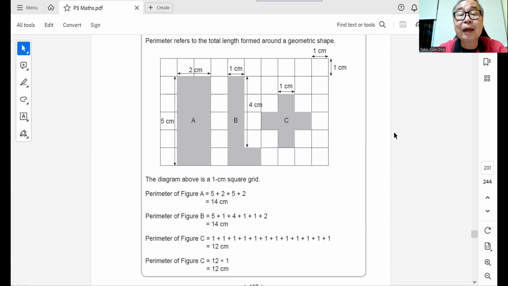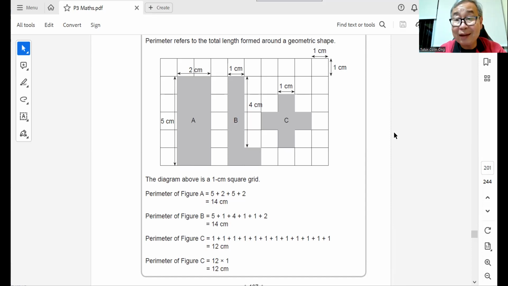That is 2 plus 5, and then you go down 2 and up 5. Now, in the Mendaki book, it's 5 plus 2 plus 5 plus 2, which comes up to the same 14, because they start from the left, not the top. So eventually if you can remember how you start, you'll be fine. That is for figure 1.